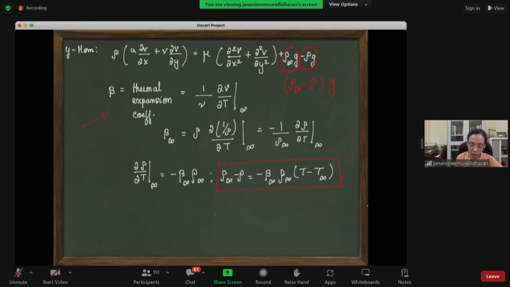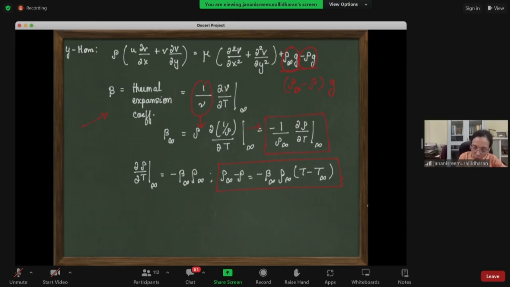All of you are aware of that. And I have the specific volume. So I'm calling this ρ, and this is 1 by ρ, when you write it at infinity, okay? So that means at the infinity conditions, free stream conditions. That's what the definition is. So when I rewrite that, this is what I will get. From here on, I can just simplify it to this. Okay. So essentially, what am I getting?